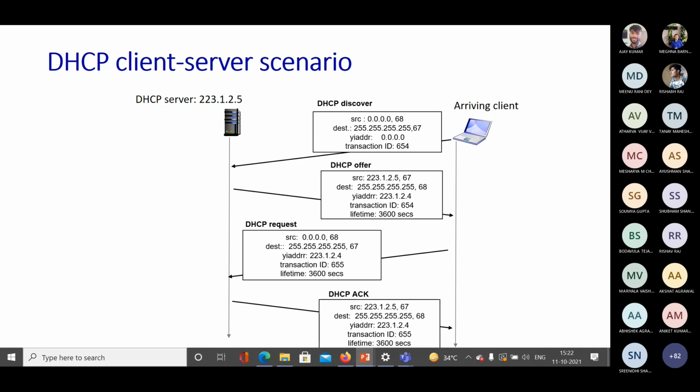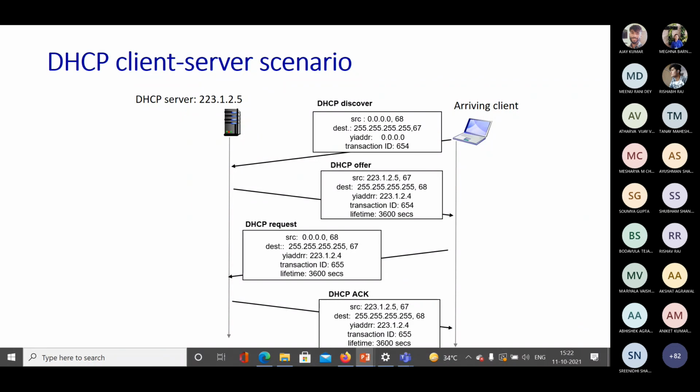But can there be any other scenario apart from this special case you are telling, as to why we would do the broadcast? Let us assume that there's no such case where the same address is being given to a large number of clients. Let us assume that there's only one IP address and this is the client which would be given this IP address. In that case, do we still need to broadcast this request and ACK message?